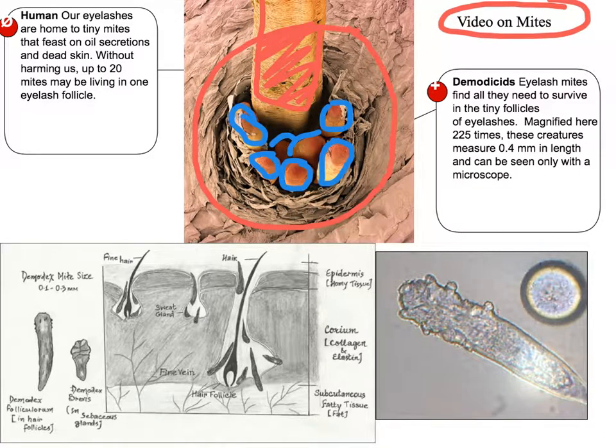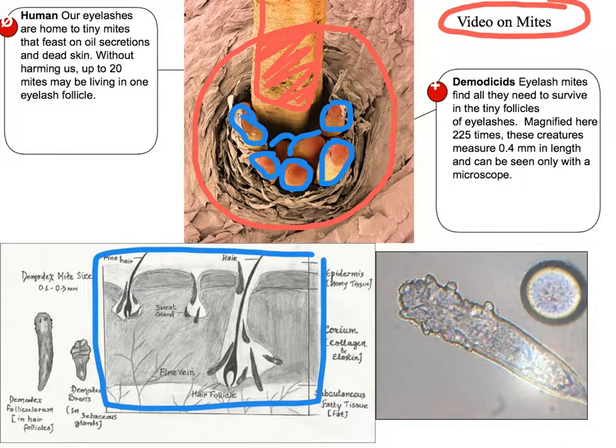And actually, if you decide that this really grosses you out and you go home and pluck out all your eyelashes and all your eyebrows because you think you'll be doing yourself a favor, I want you to look at this picture down here and show you that if you take out your hair, which is this right here, look at all that extra space you've given these mites.